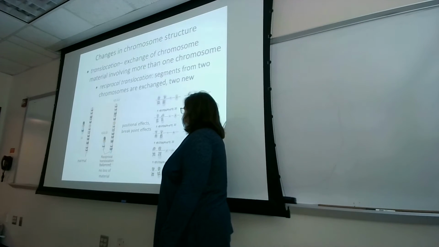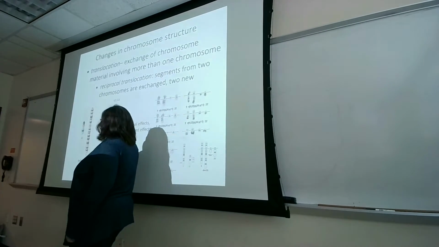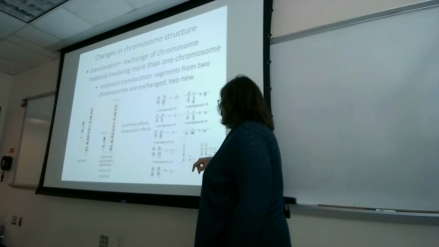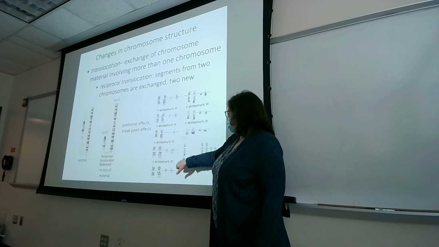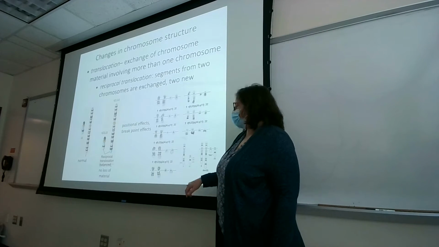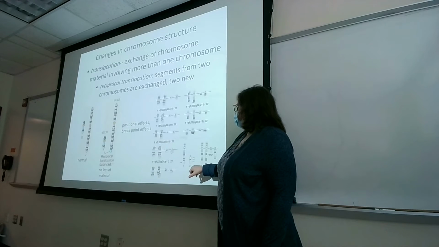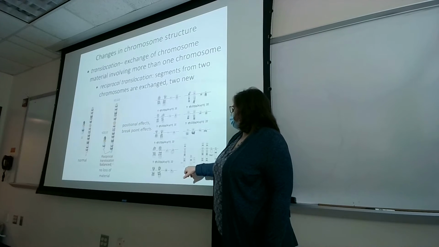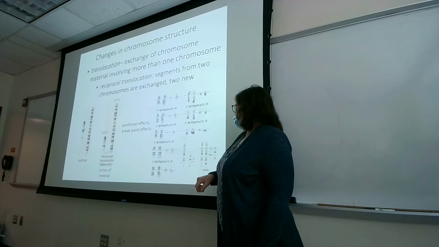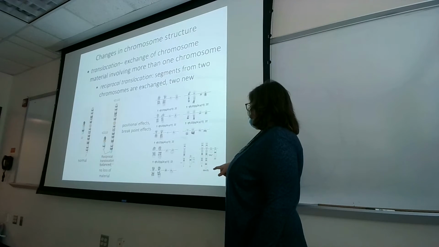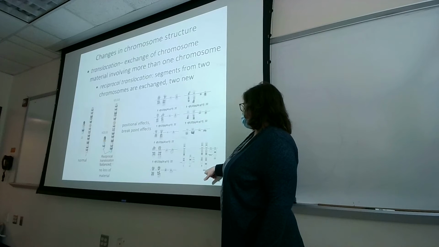Now, in this case, we have our normal 22. This is a 9;22. And here we have chromosome 9, which is medium size. We have chromosome 22, which is tiny. And we see this breakpoint a lot where we break off the bottom of chromosome 22 and we add it to the bottom of chromosome 9.